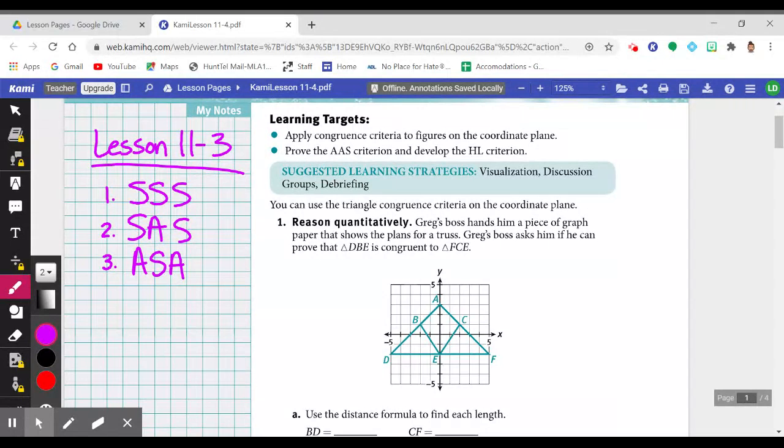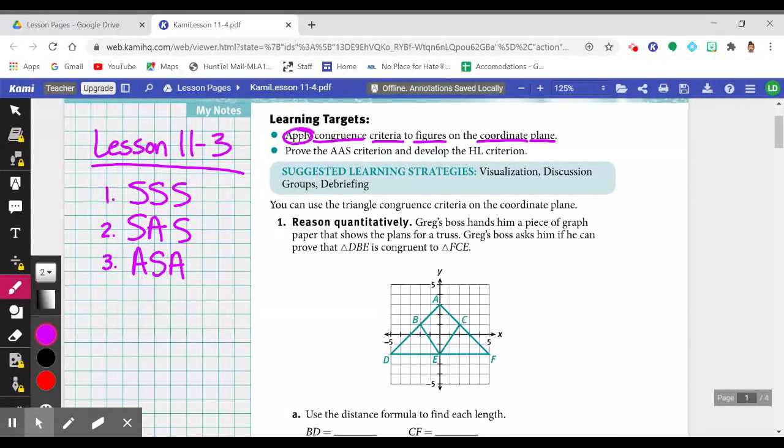But we learned back in lesson 11-2 that there's actually another congruence criteria, or shortcut if you will, known as the angle side criteria. So that's the one we're going to look at in this lesson. So before we go any further, let's take a look at our learning targets. So we will apply congruence criteria to figures on the coordinate plane.